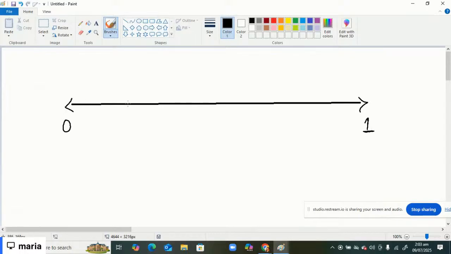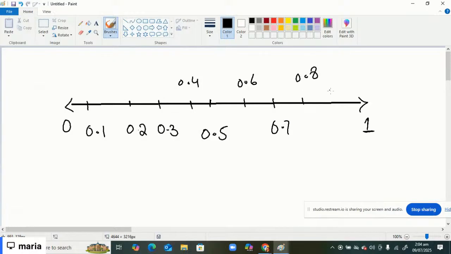It means that inside it we have 0.1, 0.2, 0.3, 0.4, 0.5, 0.6, 0.7, 0.8, and 0.9. And this is basically 1.